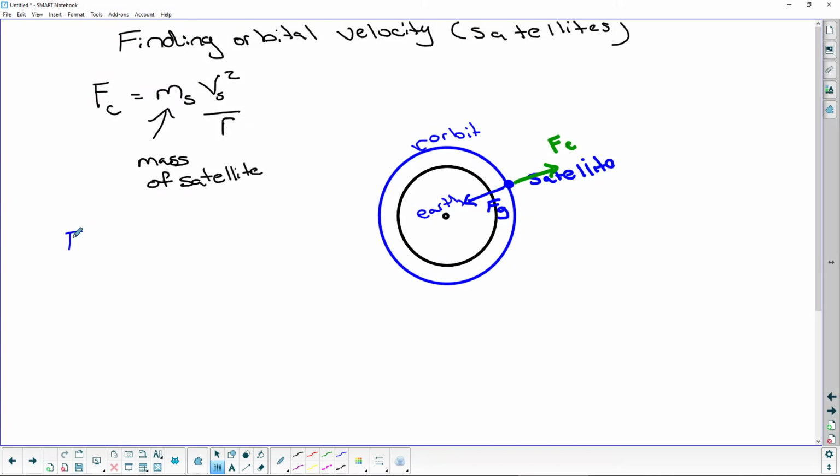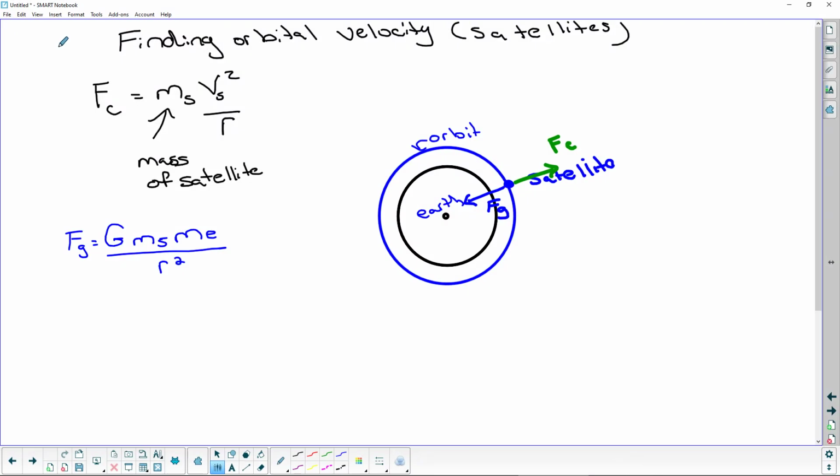Force of gravity is equal to big G, remember, times the mass of the satellite times the mass of the Earth, divided by the radius squared.